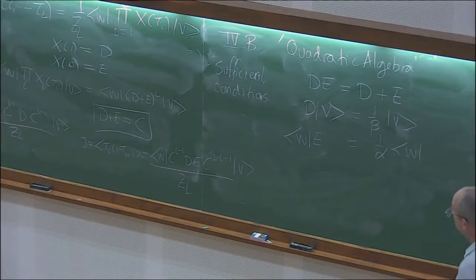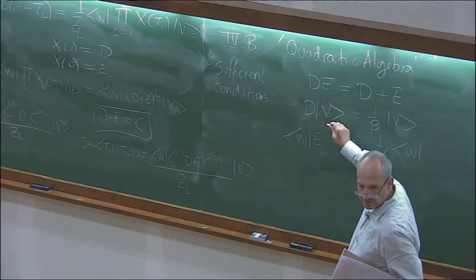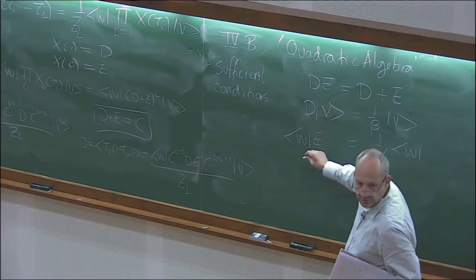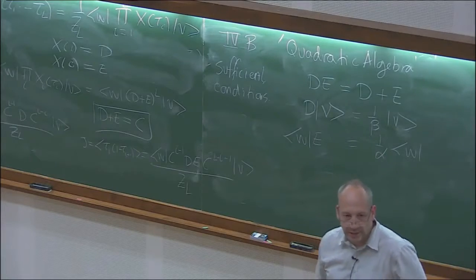Well, it's just saying that these vectors V and W are eigenvectors. V is an eigenvector of D, and W is an eigenvector of E. So that's fine. We like eigenvectors in physics.